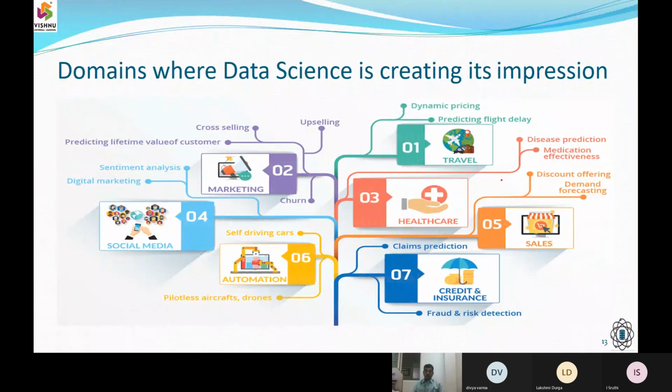As mentioned, there are a lot of business domains where people are making money using data science: travel, healthcare, sales, insurance, automation, marketing, or social media. These are some of the areas where data science prominently has its impact.